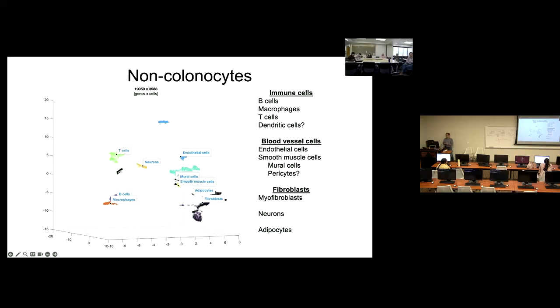Then there's all sorts of fibroblasts, some myofibroblasts, and then some other types of fibroblasts that, like I mentioned, are providing growth factors and nutrients to the colonic stem cells. And then we also see things like neurons and even adipocytes show up in this data.